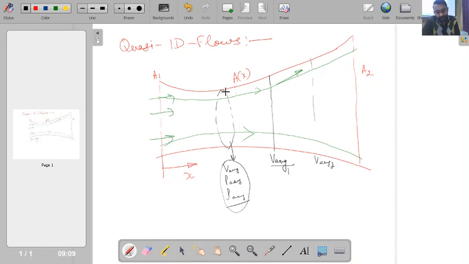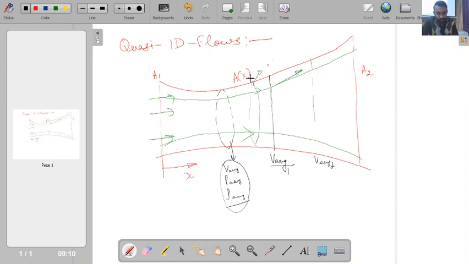Whenever I move to a new cross section, I will have some new average parameter. So the average magnitude will change, but in other directions the variation will diminish, and I will have variation of this cross-sectional average parameter across the length, because across this length my area is changing.